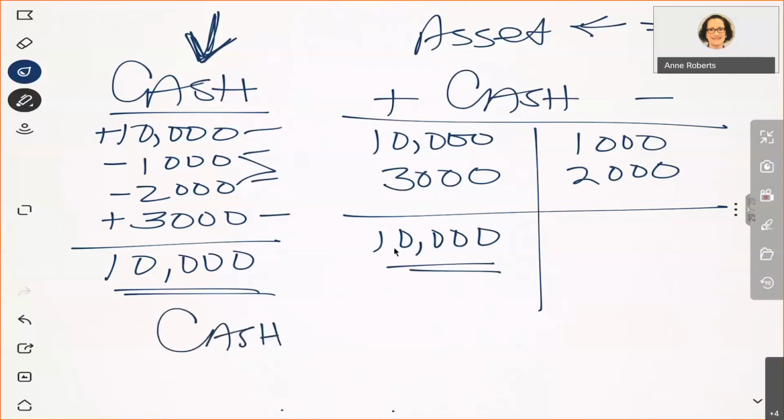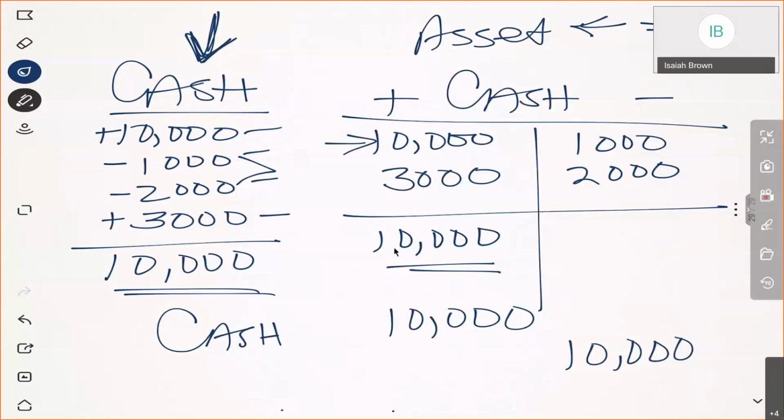So now let's talk about why. This $10,000 right here would be a debit to cash. We know that journal entry has to balance, so we've got to have a credit there, right? So now the question is, what's the credit for? Did we earn revenue? Well, if we did, we put it in revenue.